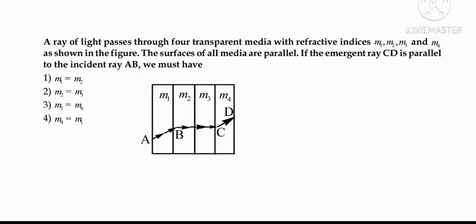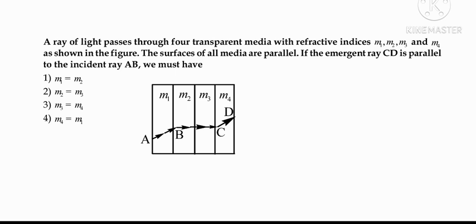Next, question number 14. A ray of light passes through 4 transparent media with refractive indices M1, M2, M3 and M4 as shown in the figure. The surfaces of all media are parallel. If the emergent ray CD is parallel to the incident ray AB, we must have, this is the question.